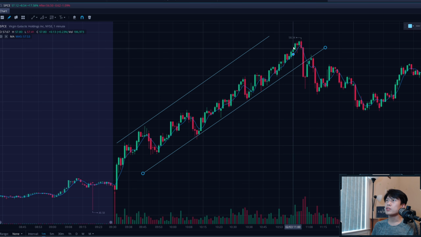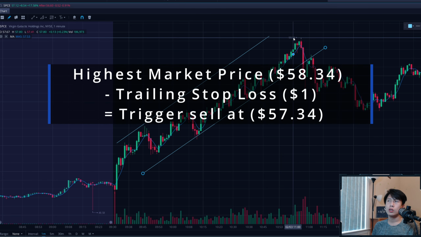Then notice how it reaches straight to the top at 58.34, and then boom, I got a big Shrek red candle down, and it broke. Because I set a dollar cap at 57.34, I sold, because it broke through that line, the visual I provided.